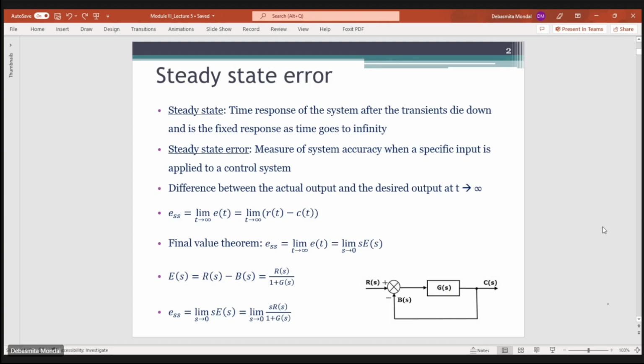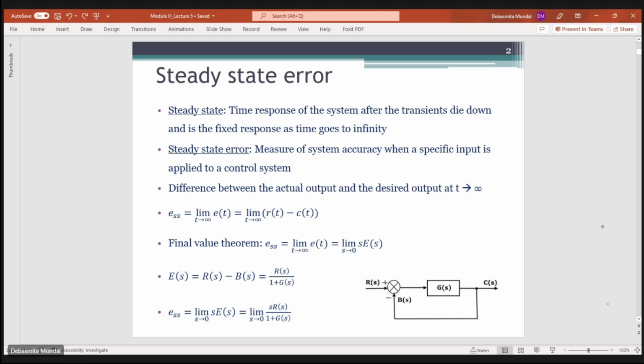The difference between the actual output and the desired output at t equals infinity, when the system reaches a steady state, is known as the steady state error. Related to the steady state error, we can also calculate different kinds of error constants, and these will give you an idea about how your system is performing for a specific kind of input. This we already talked about.